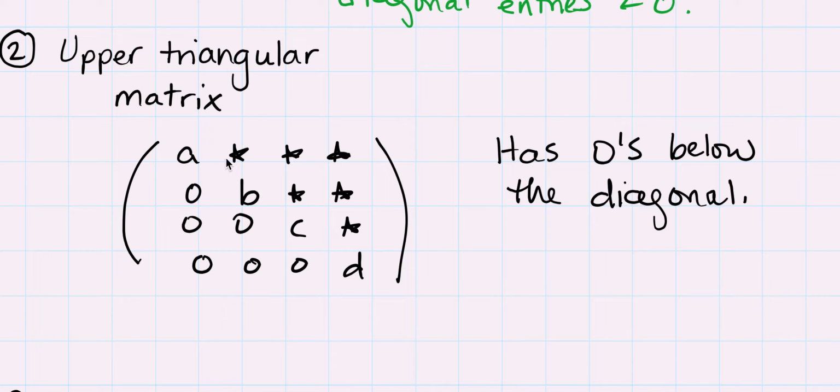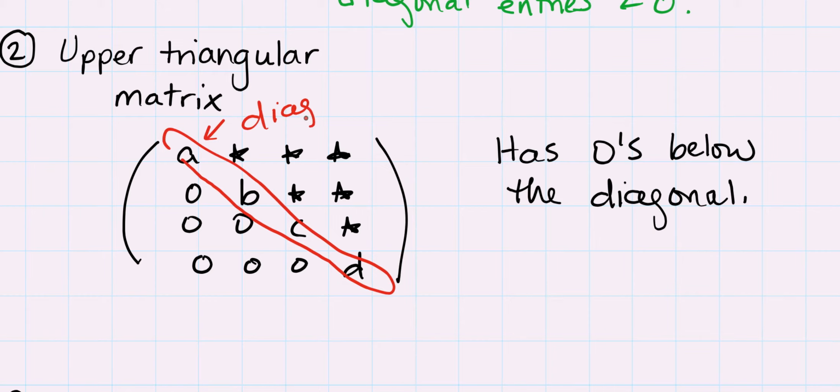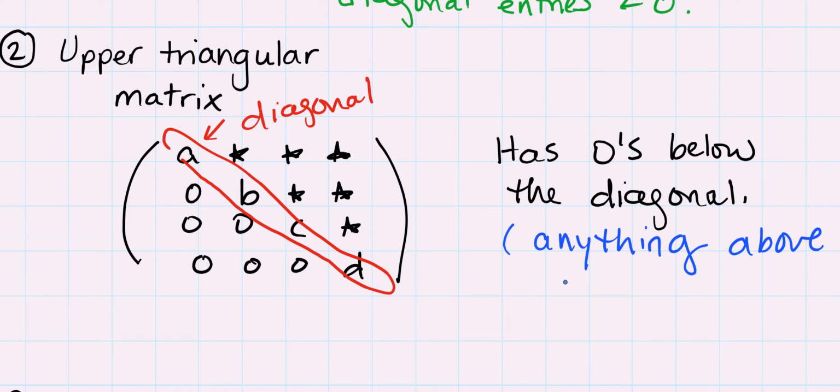So you can have whatever you want above the diagonal, but you must have zeros below the diagonal. And here's the diagonal right here. So anything including 0 above the diagonal.